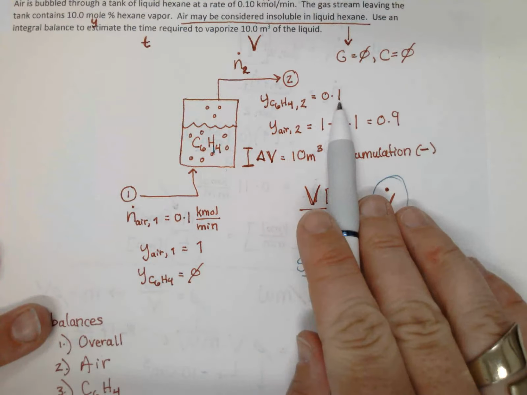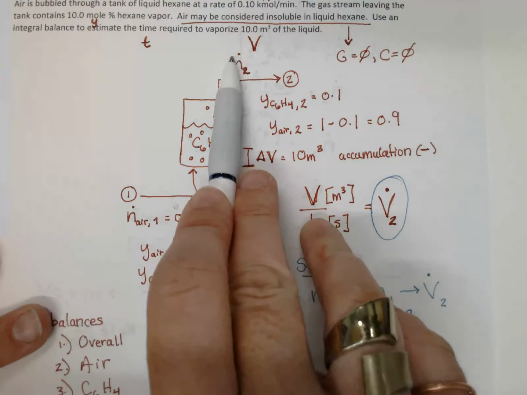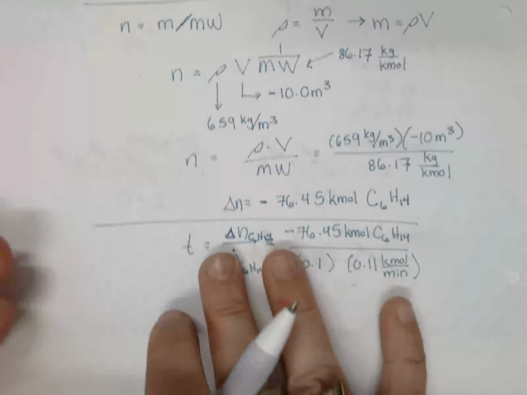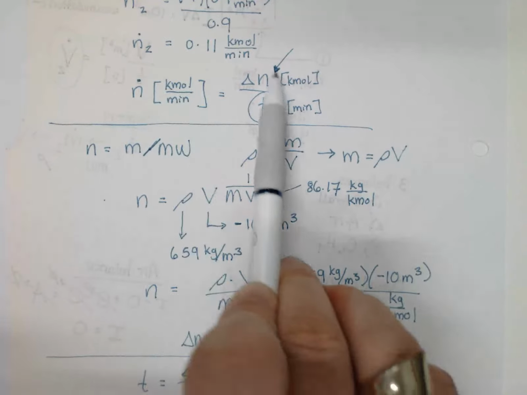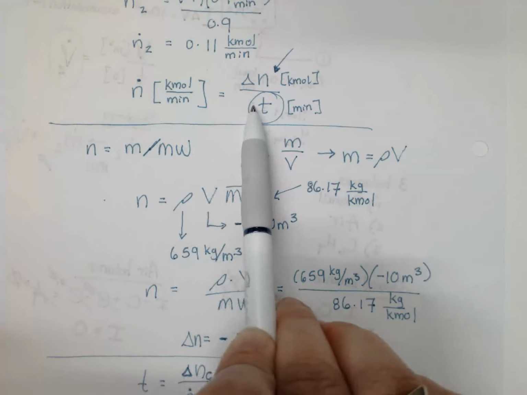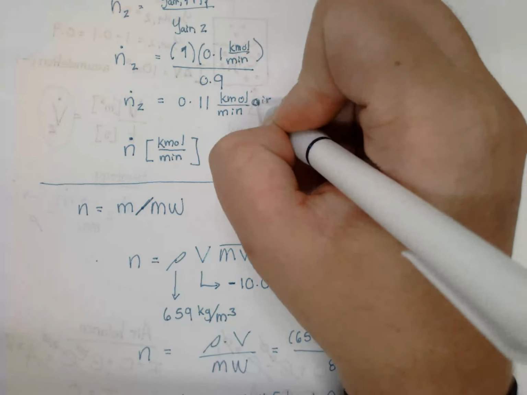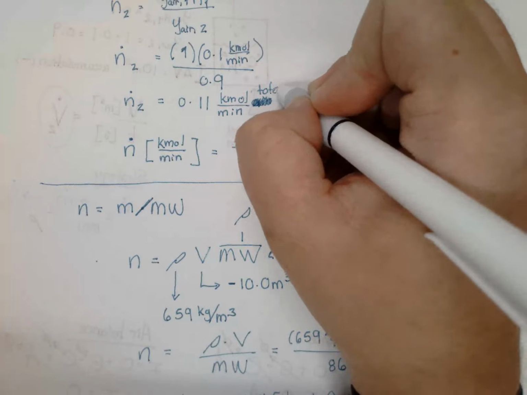10% is what's coming out of the system. This is the total flow out, but that's a combination of both air and hexane coming out of the system. When we use formulas like this, everything needs to be the same species. So we need to be very careful. I'm sorry, that's not air, that's the total.